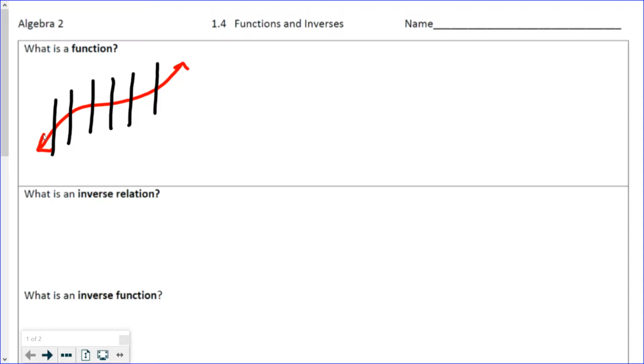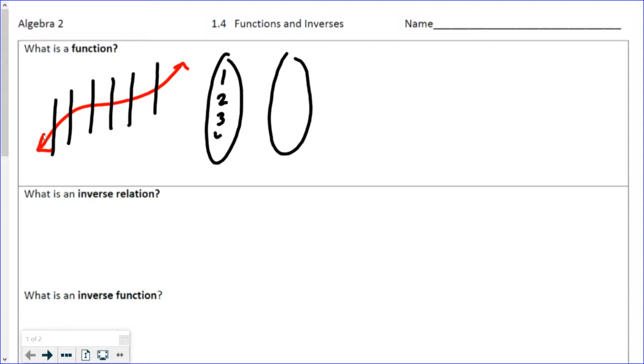Also, if you have a mapping or a table, the mapping is probably a little bit more graphic for you. So 1, 2, 3, 4, 5, 6, 7. Each x value goes to only one y value.